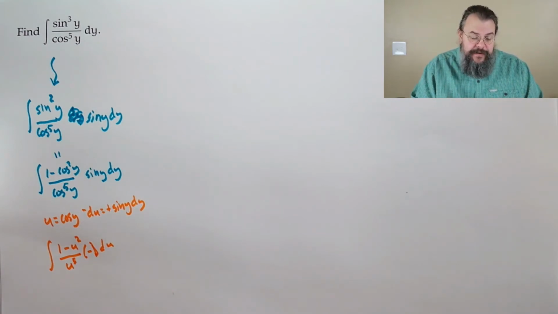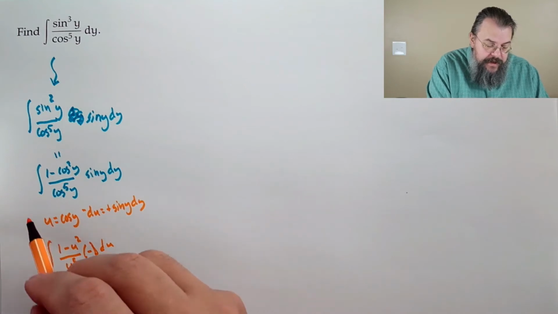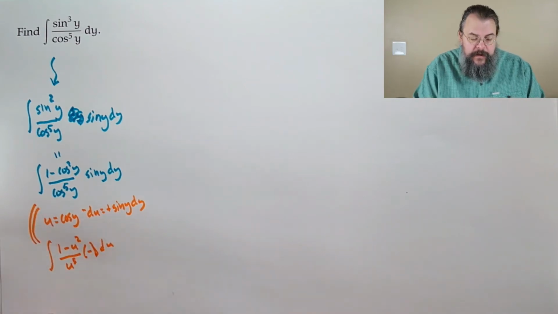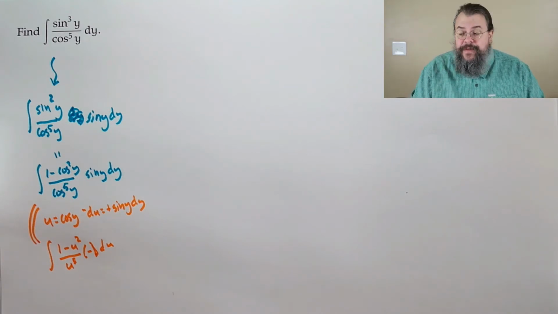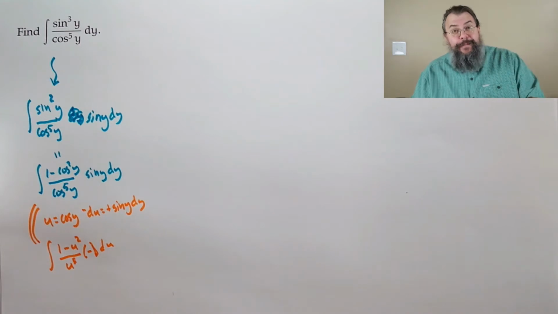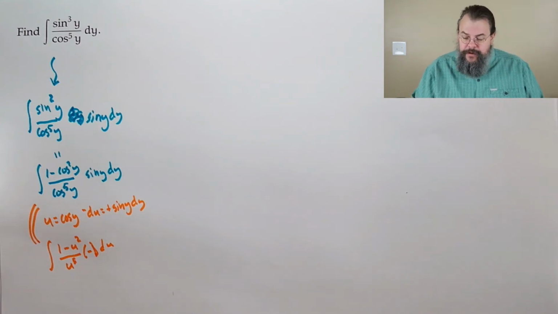Let's talk about a different option. The other thing that we could do is we can pull off a single cosine. Now you're probably looking at this and saying, how do you pull off a cosine? It's in the denominator. Well, you can do it, and here's how.